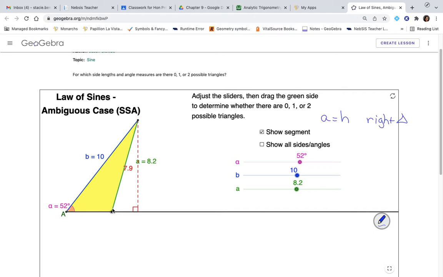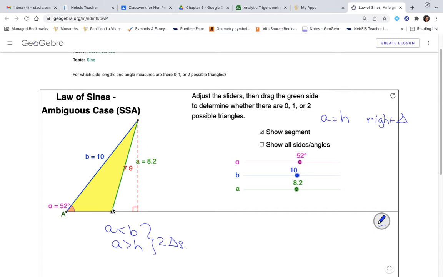Okay, so A is smaller than B, and A is bigger than H, and that's when we get two triangles. Does that make sense to everyone? Okay, so how can we write that in one nice streamlined inequality?